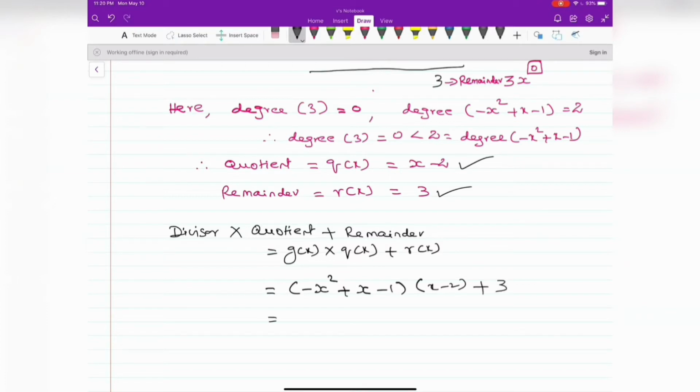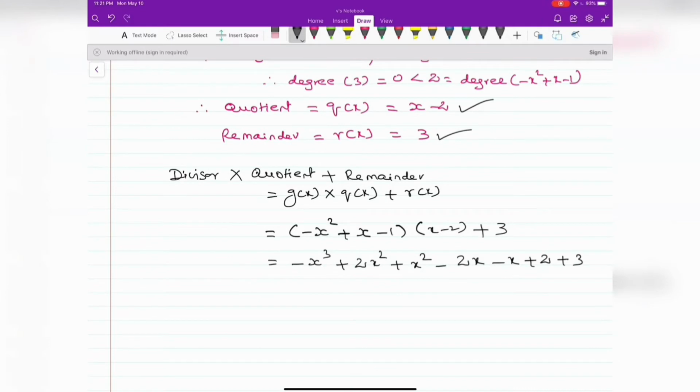Now let us multiply term by term. I will be getting minus x cube plus 2x square plus x square minus 2x minus x plus 2 plus 3.